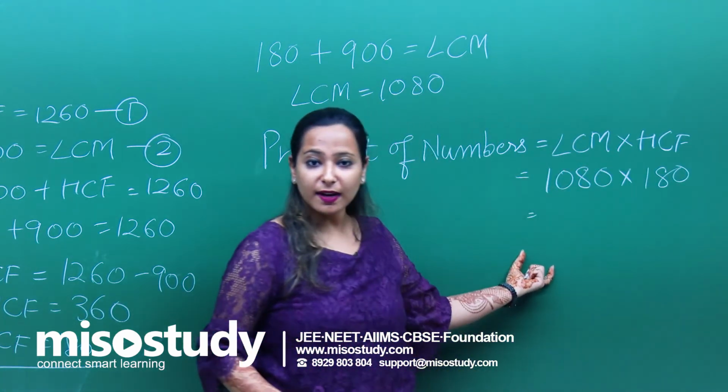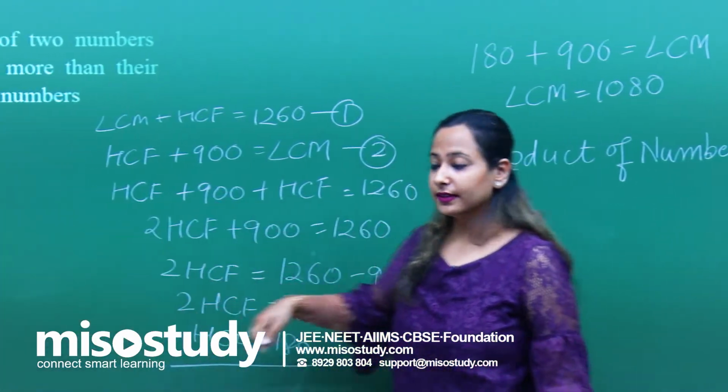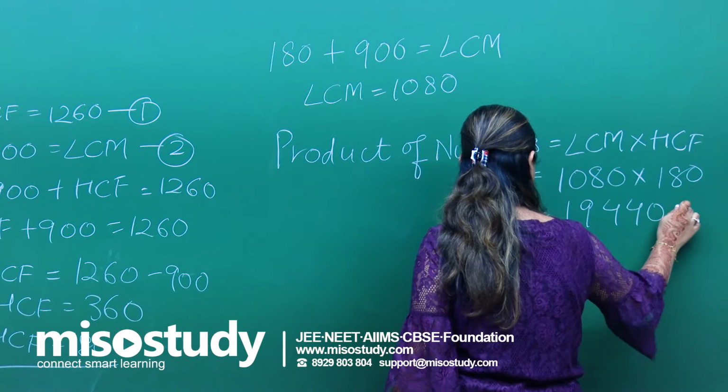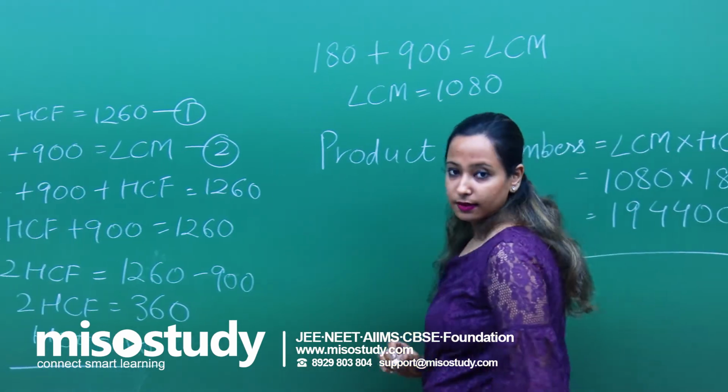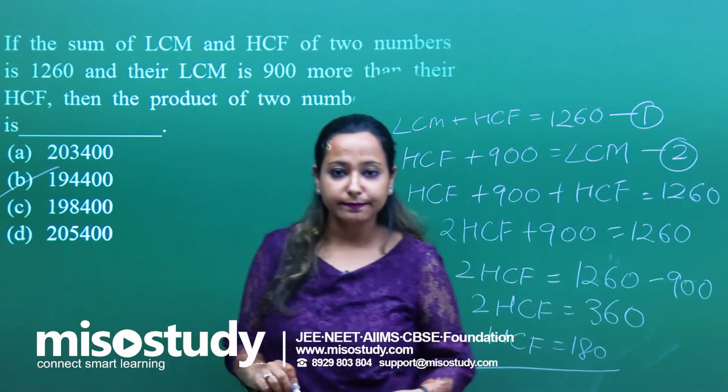Now multiply this and what you will get is 194400. This is your answer. So we get result as B.